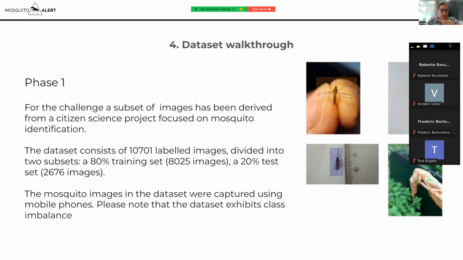It was divided into two subsets: 80% was a training set, which is 8,025 images, and 20% was used for test purposes, 2,676 images. All of those were taken by mobile phone. Also the problem is that the data set has a class imbalance, because the most common species is most represented in the data set.